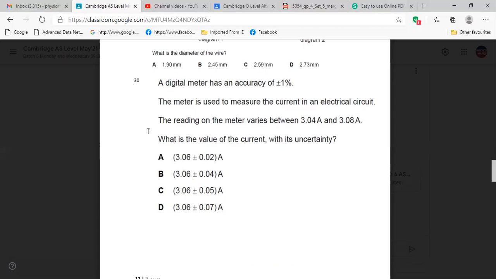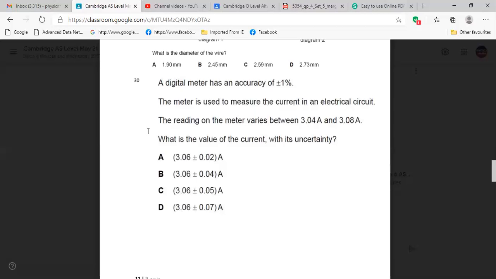We have the reading range, from 3.04 to 3.08, right? And the uncertainty given is 1%. So 1% means 0.01 if you are taking it as fractional uncertainty.